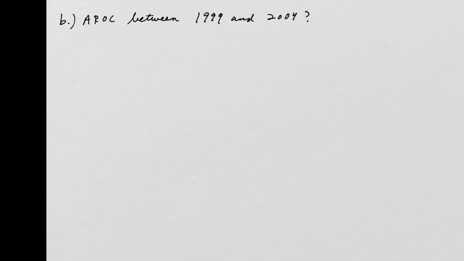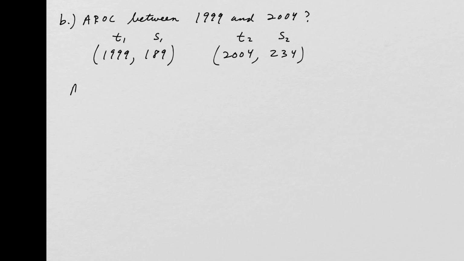So again, if we look up those values in the table, for 1999 that again was 189. So think of this as T1, S1. And then for 2004, the corresponding sales was 234 million, so 234. So this is T2, S2. So the average rate of change is going to be S2 minus S1 over T2 minus T1.